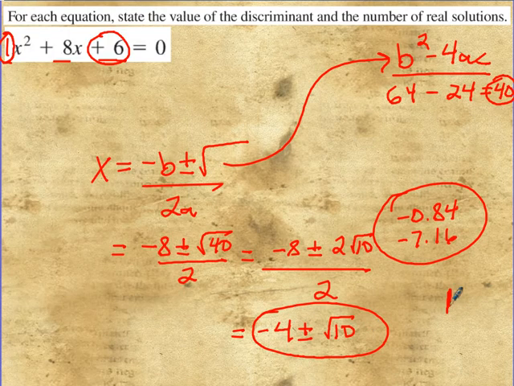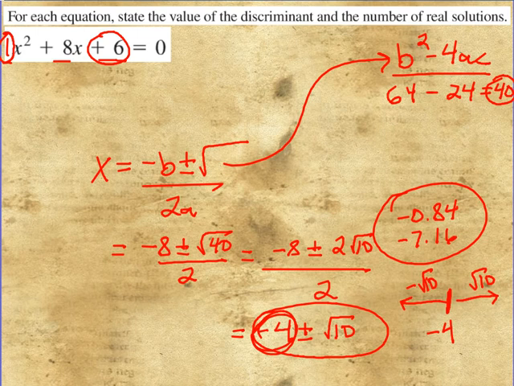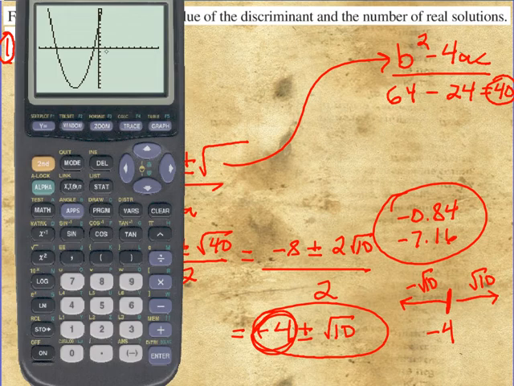See if you can picture this. Here's negative 4. One of my answers, I'm going to add root 10 to get. My other answer, I'm going to subtract root 10 to get. My line of symmetry is this negative 4. Do you see it right here? If I went to negative 4, 1, 2, 3, 4. Here's negative 4. That's my line of symmetry. One of my answers is negative 4 plus root 10.